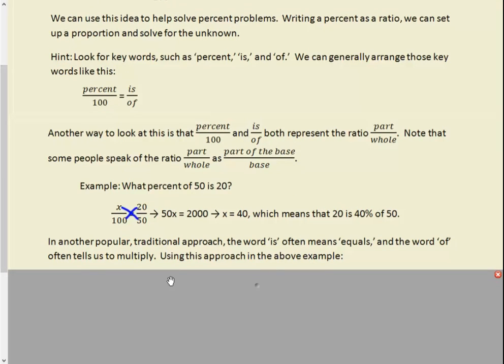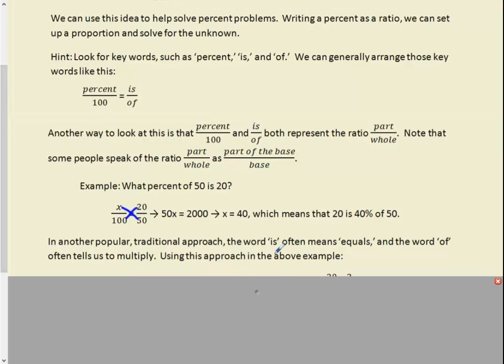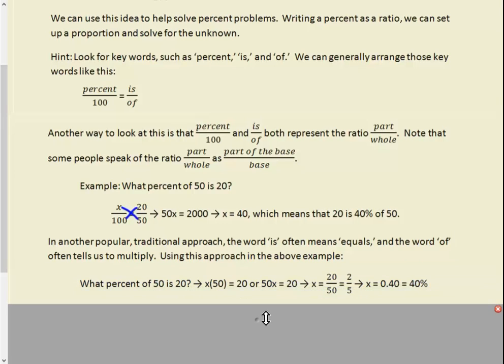And an older, more traditional approach, we're often going to look at the wording and note that is will generally tell us equals, and the word of, very often, not always, but very often, will tell us to multiply. And so in the same example where we look at what percent of 50 is 20, percent of 50 means we're going to multiply that percent, and we don't know what it is, so x times 50, is 20 means equals 20.